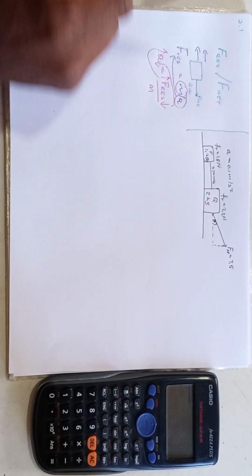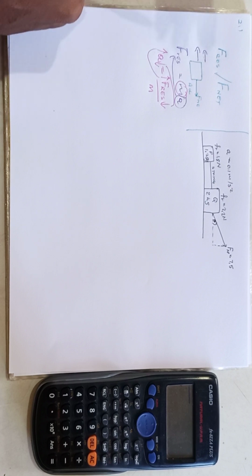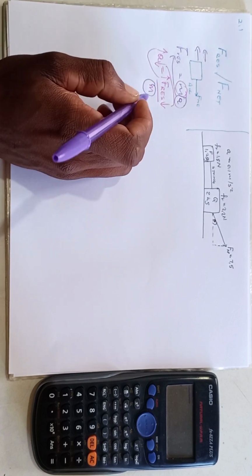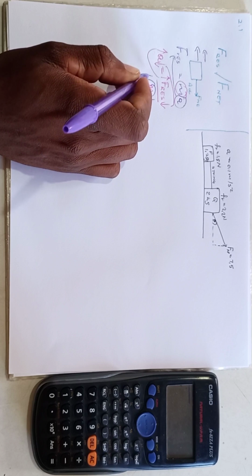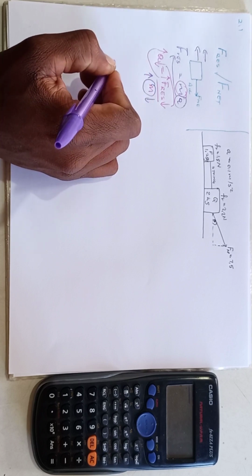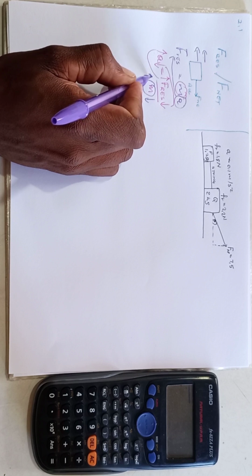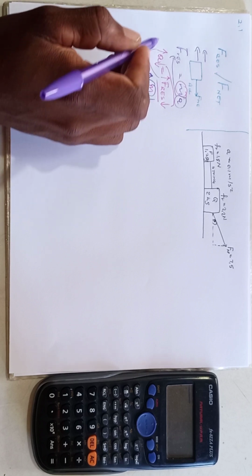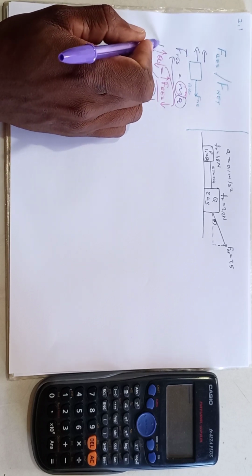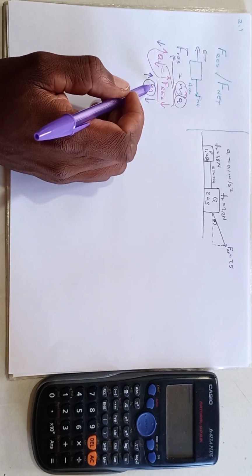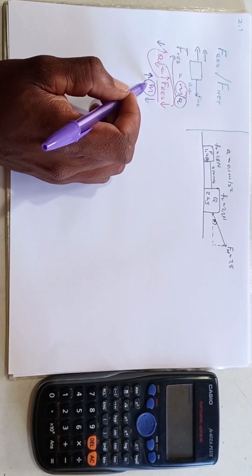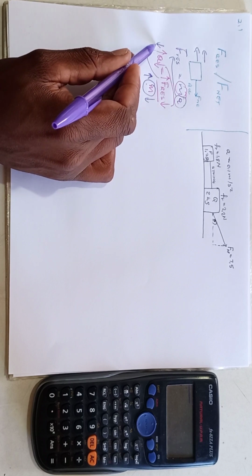But what happens if we increase and decrease the mass? If we increase the mass, our acceleration decreases, because we'll be dividing by a bigger number. That is why our acceleration decreases.